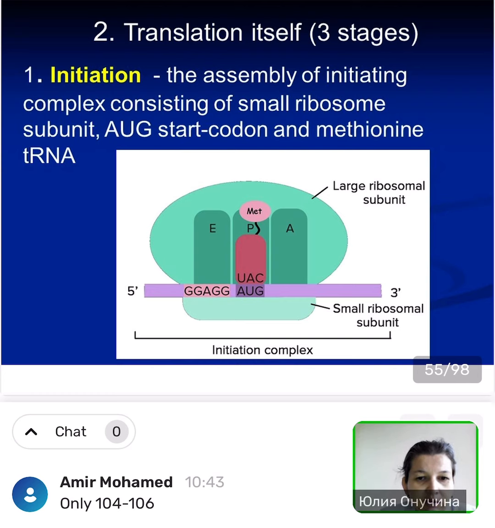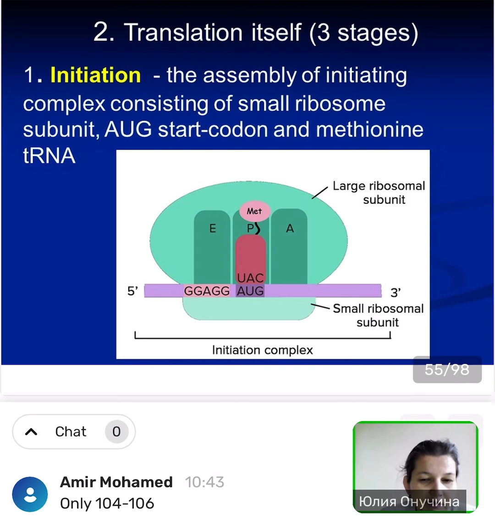Initiation of translation is the assembly of the initiation complex that consists of the small ribosome subunit, the AUG start codon, and methionine tRNA. When this complex is created, the large ribosome subunit will connect to this complex too.